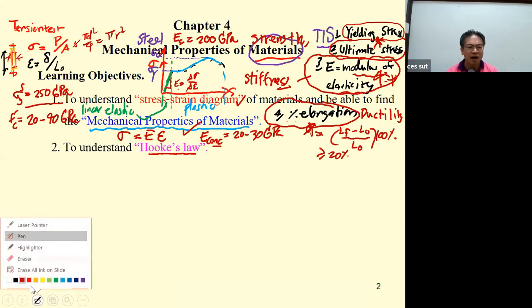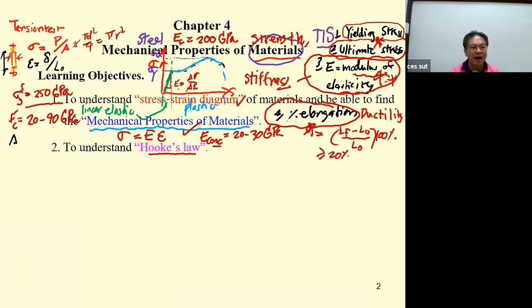Most of the analysis and design in civil engineering follow Hooke's law. We studied Hooke's law in chapter 3 and chapter 4 of mechanics of materials.